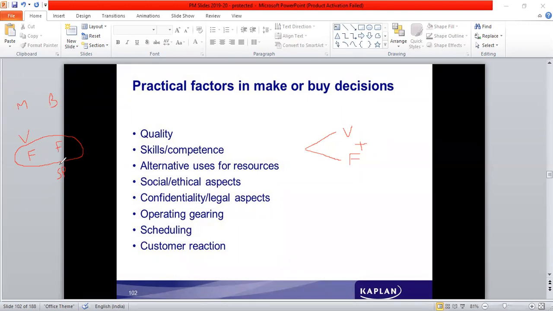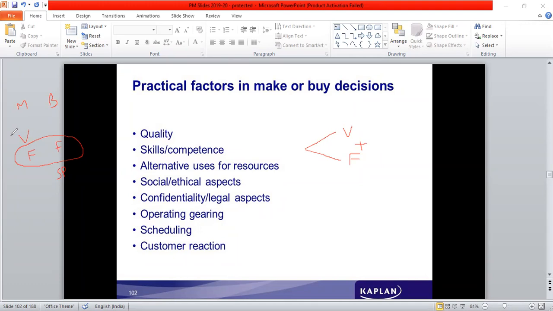Then if the fixed cost is quite high, then variable cost amount will be very low, and the decision would be bent towards making the component. So the operating gearing is also one important factor about whether they should be making it or buying it. Okay, how do they schedule?